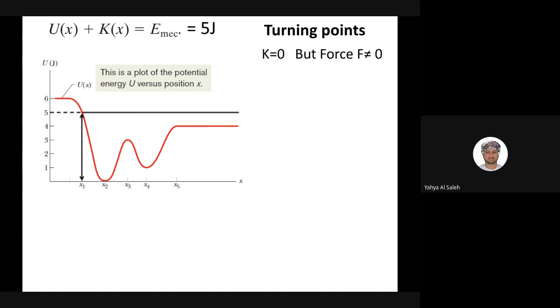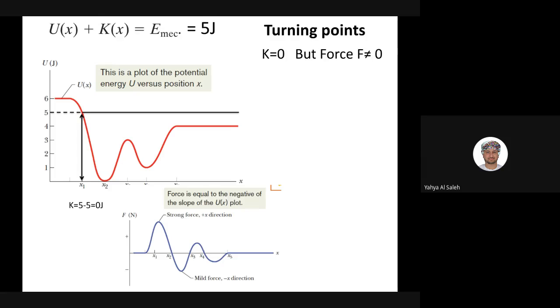Now, turning points are the points where we have a kinetic energy equals 0, but the force is not equal to 0. So you have maximum force, or you have some force, much of maximum, but your kinetic energy is equal to 0.